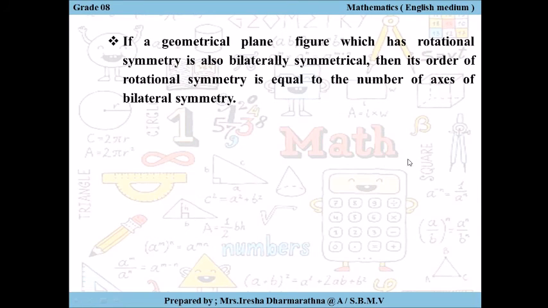Okay. From here, in this lesson, we can understand about these things. Let's see. If a geometrical plane figure which has rotational symmetry is also bilaterally symmetrical, then its order of rotational symmetry is equal to the number of axes of bilateral symmetry.